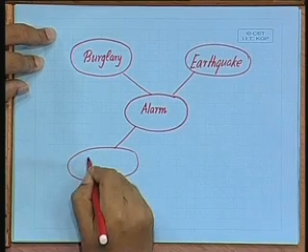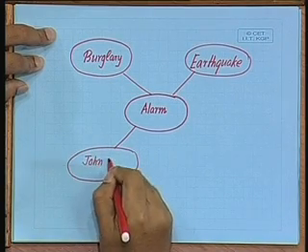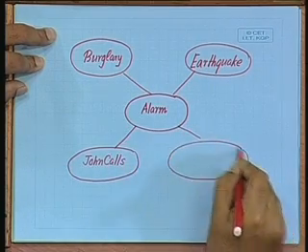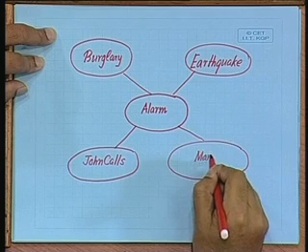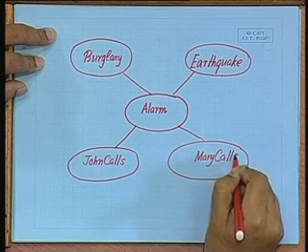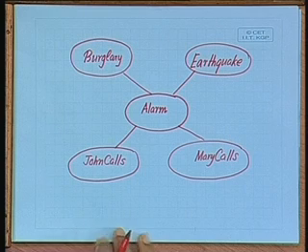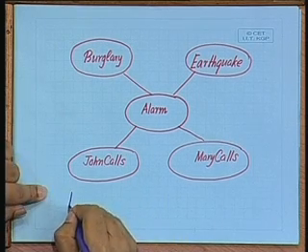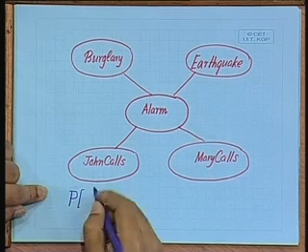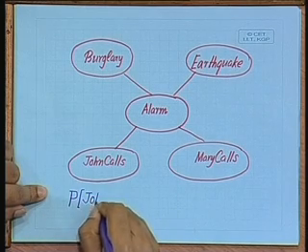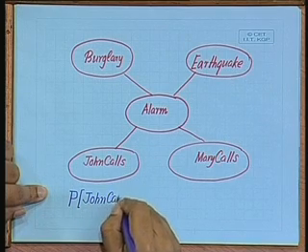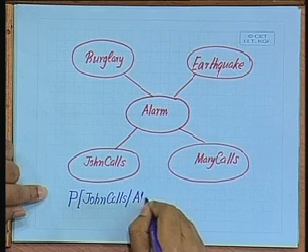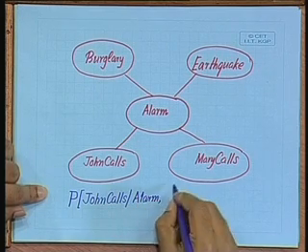One is John calls, and the other is that Mary calls. Now, let us look at the probability of John calls given alarm and burglary.